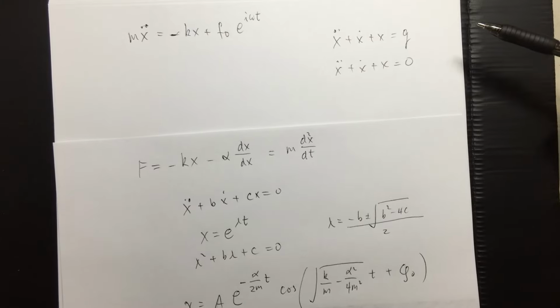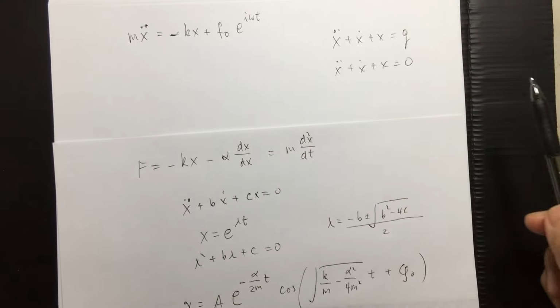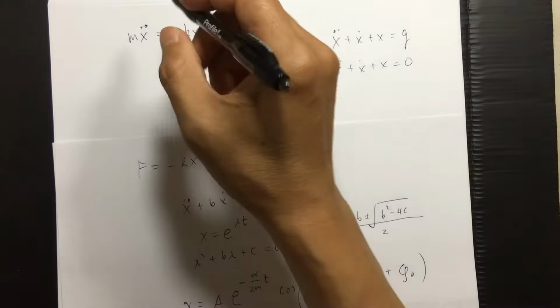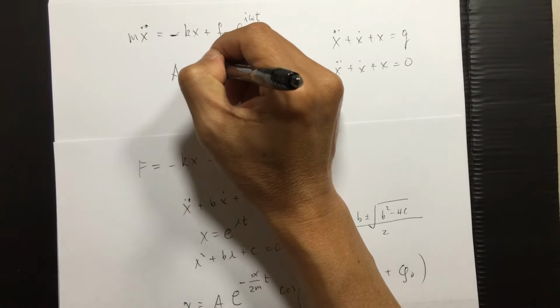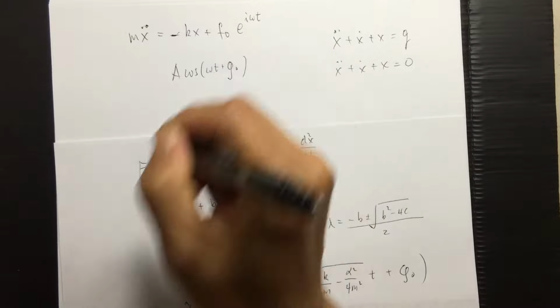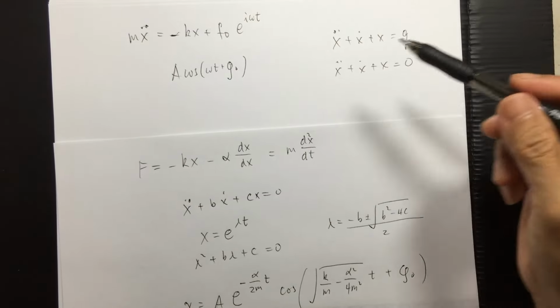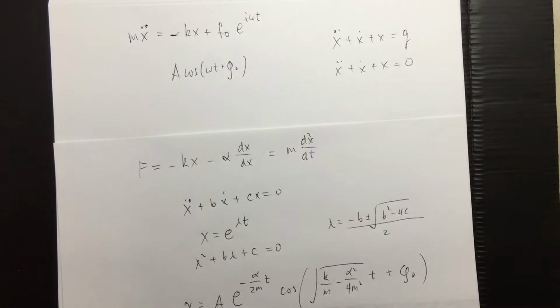That'll be the whole solution for all of this. You get it? So we solve for the one without this term, which you know what it is, right? A cosine omega t plus phi. This is the solution for this. Now we just need to find one solution that fits that.